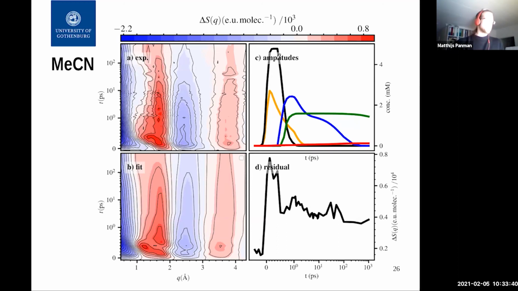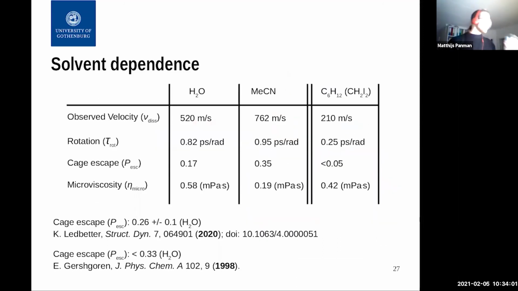The major difference here, though, is the amount of the excitation fraction is significantly higher than in water, and that is probably due to the fact that we excite more on resonance in the absorption band of triiodide in acetonitrile. So this is a summary. We also managed to extract all the physical properties that we did for the triiodide in water in acetonitrile, and this is just a summary of a few of them.